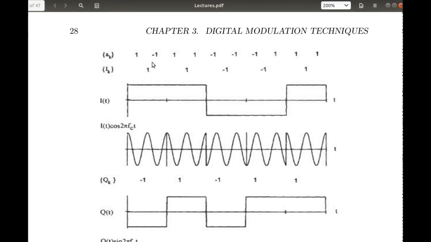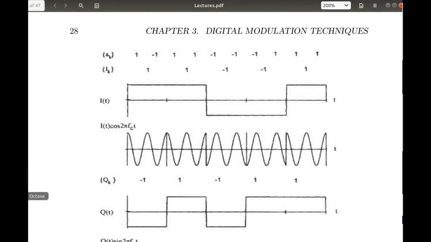Just recall that we separate the odd-numbered bits from our data, and for the odd-numbered bits we generate I(t) like 1 1 0 0 1, so it's a plus/minus 1 representation, the NRZ signal, and we multiply cos(2πf_c t) with our NRZ signal to get the modulated cosine carrier, right?